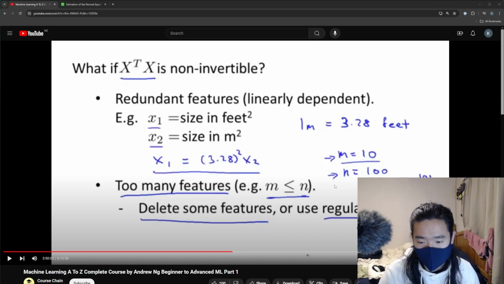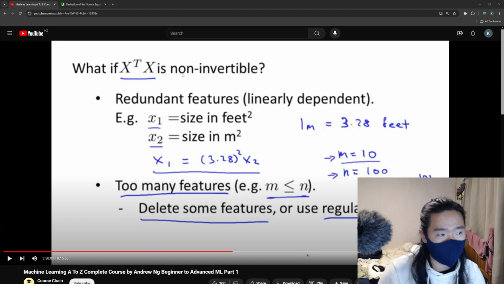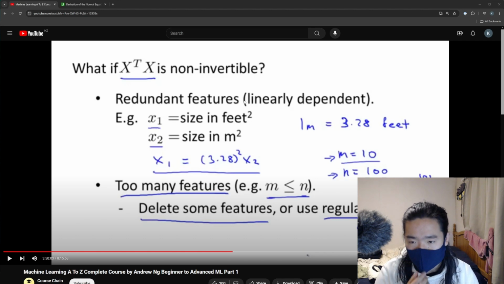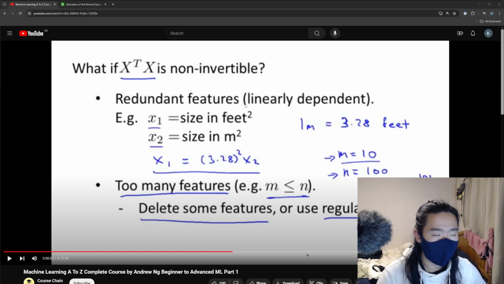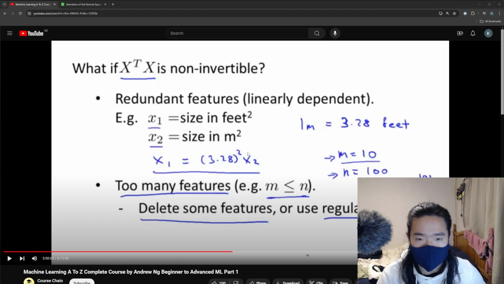But there are situations which you should watch out for where this doesn't work, which is when x transpose times x is non-invertible, and this happens when you have linearly dependent features, which creates redundant features, like this example here, where you can have x1 being the size in feet squared and x2 being the size in meters squared. These two clearly correlate with each other, they're the exact same thing, it's just a different scale.